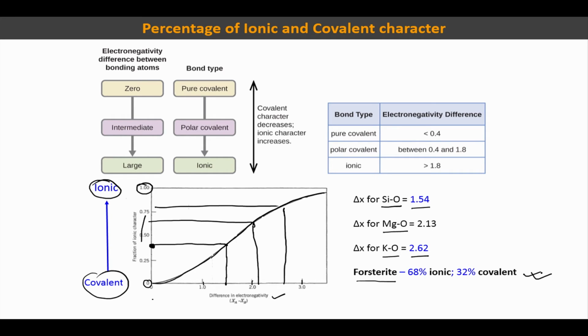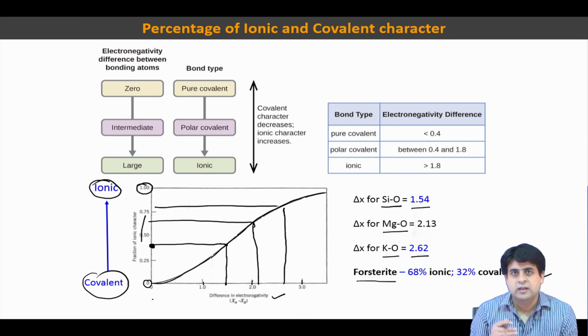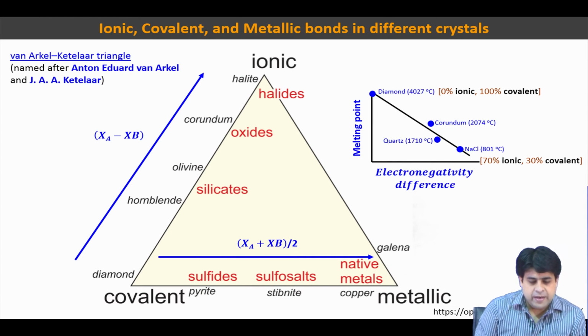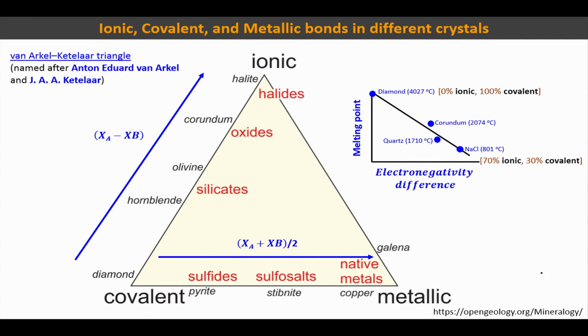So, this is about the ionic and covalent character, but we also discuss the metallic bond. This particular concept was originally given by Linus Pauling, but later in the 1940s there were two Dutch scientists, Anton van Arkel and Professor Ketelaar.